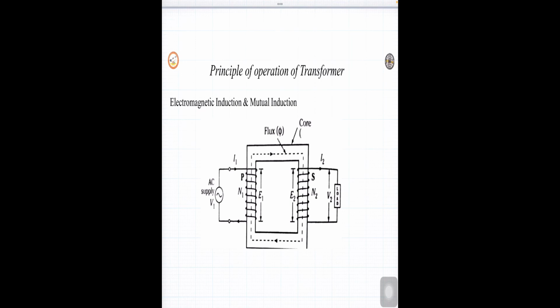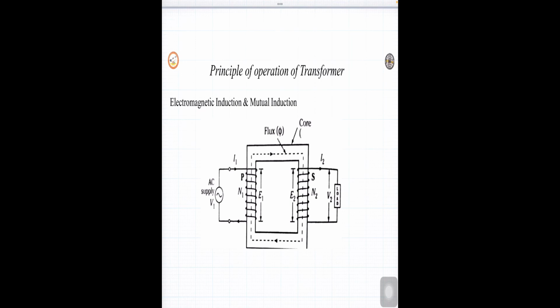Now this flux is linking with the secondary winding, that is the number of turns on the secondary, so this flux linkage gets induced as well, producing an induced EMF in the secondary winding, that is E2, as you can see in the diagram, which is called mutually induced EMF.